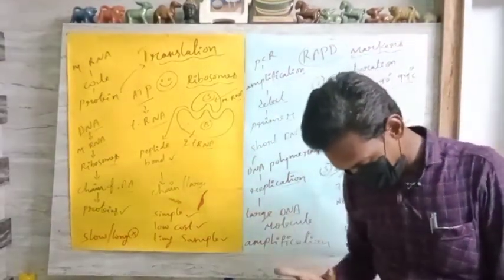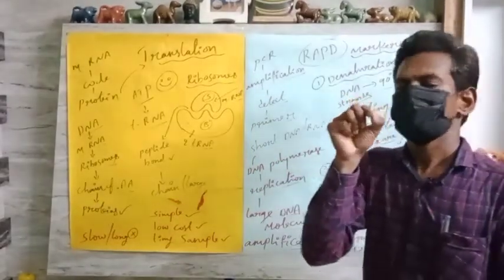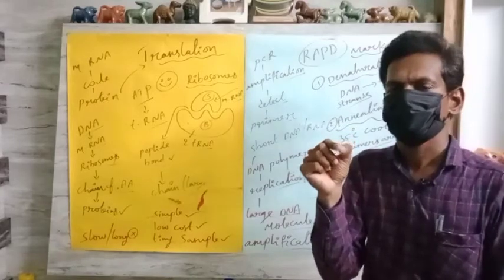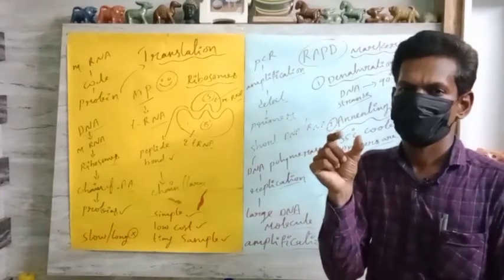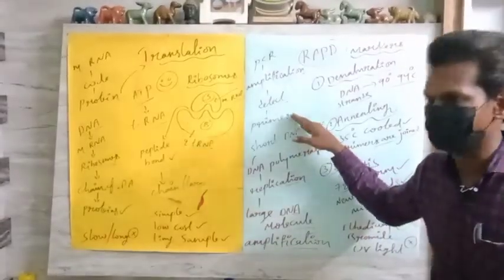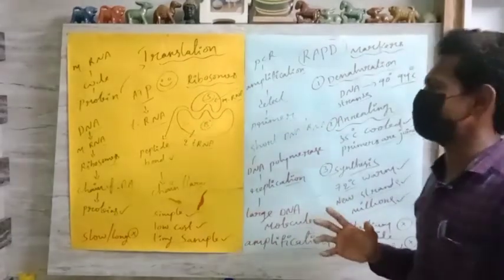So what is a primer? A primer is a short, tiny, small segment of DNA or RNA. Very short. We know DNA has a double helix structure.